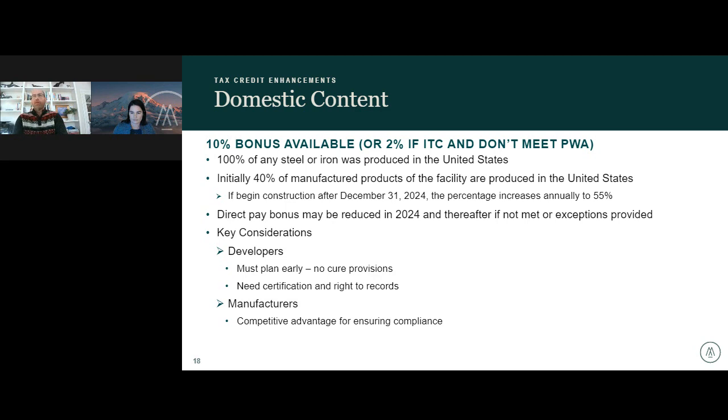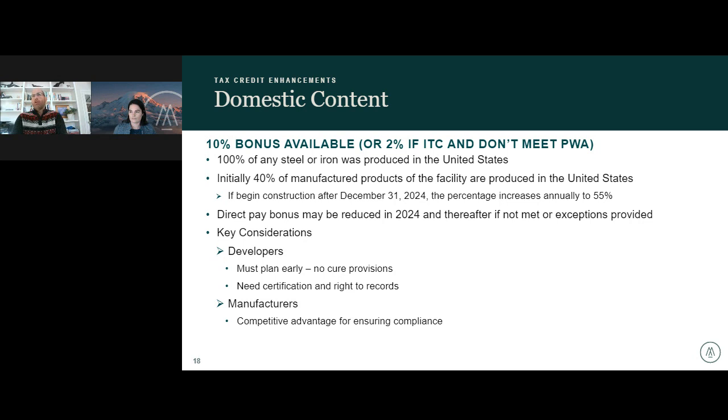I think in 2027, the number jumps to 55%. So it does account for the fact that right now it may be a little more difficult to meet domestic content, especially as it relates to the manufactured product. It's at 40% now and ratchets up as we go along.